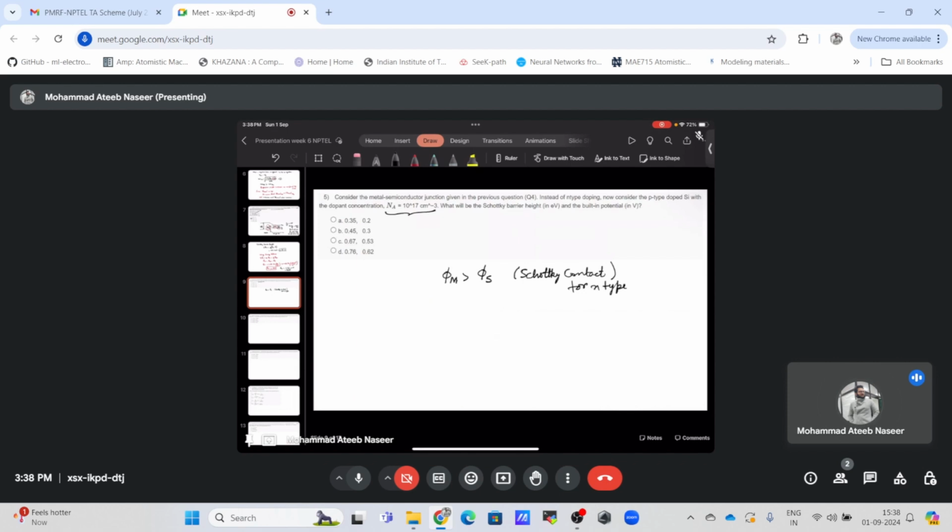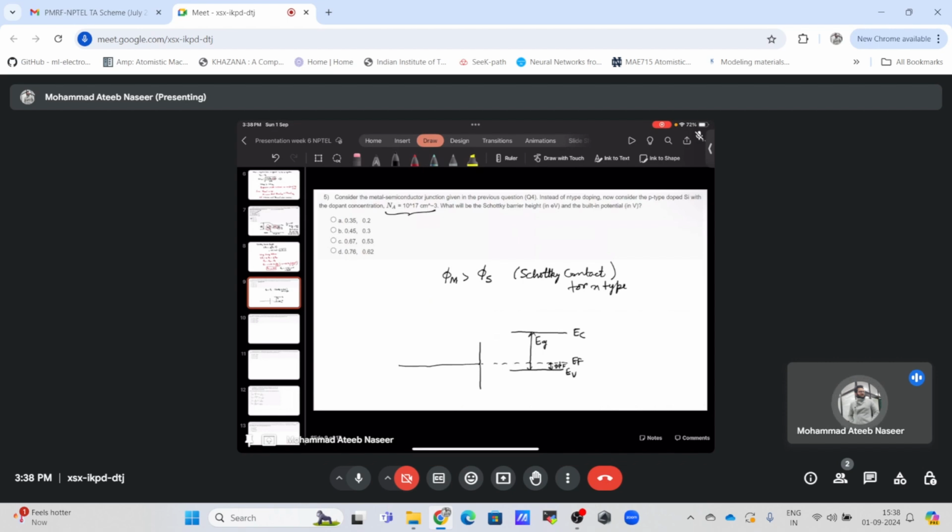So let me draw the energy band diagram itself, so that it will be clear to you. If this is the interface, this will be the Fermi level on the p side, and it will be closer to the valence band as compared to the conduction band, since it is p type. This total is the Eg, and this is the Q phi f.